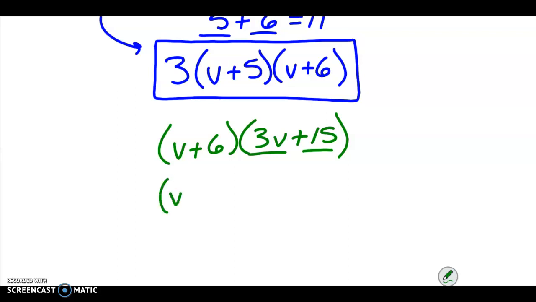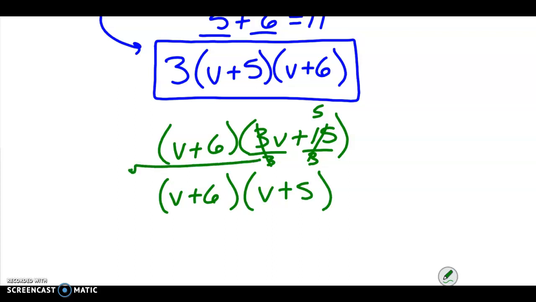So then that v plus 6, and I would factor a 3 out of both of these to make it v plus 5, and that 3 would come out front over here, and I would end up with the same thing. Okay, so you notice there that even if you don't do that first step of dividing out the 3 right away, you still can end up with the final answer. It's just going to make life a lot easier on you to have it done that way.